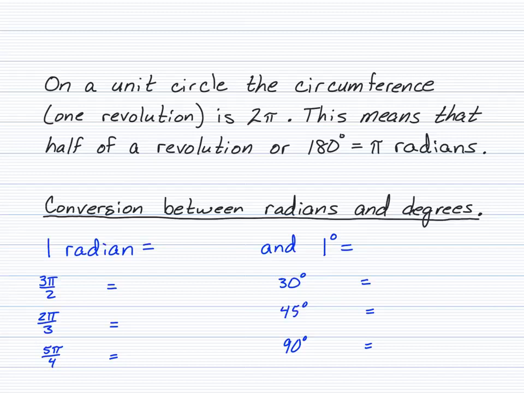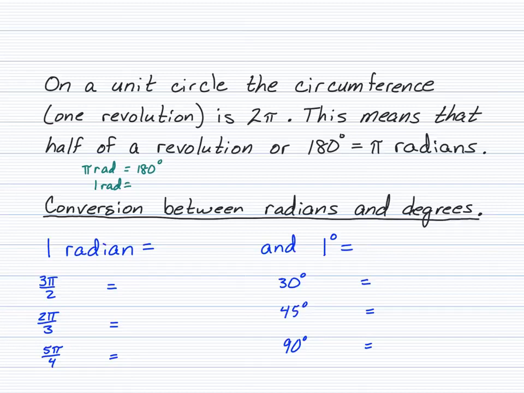All right, so let's think about this for a second. If pi radians is equal to 180 degrees, then what would 1 radian equal?